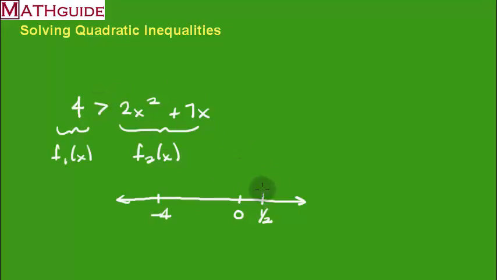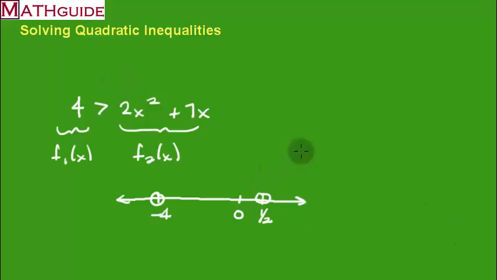Because there's no equal sign, I use an open circle, and one right over here too. Now we're going to use this greater than sign to figure out where the answers are. I want to know where this line is greater in height than the quadratic. Where is the line higher than the U-shaped graph?